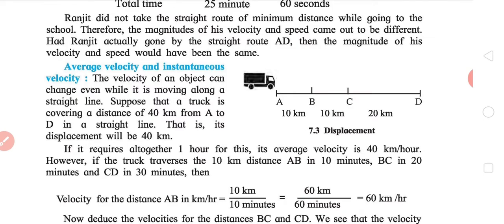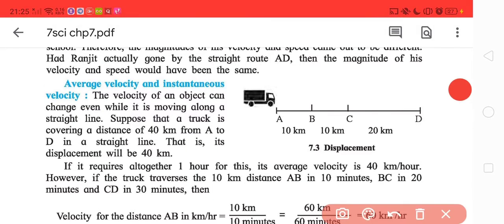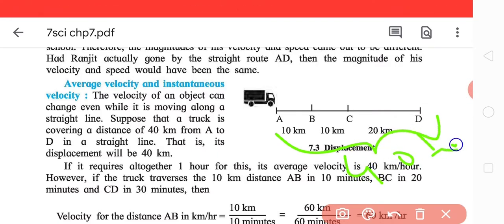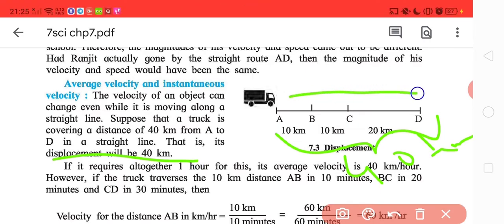So let's see an example for a moving vehicle. Suppose that truck A is covering a distance of 40 kilometers from A to D. That is, the displacement will be 40 kilometers. Here it's distance as well because it's a straight line. There are no curves so far.